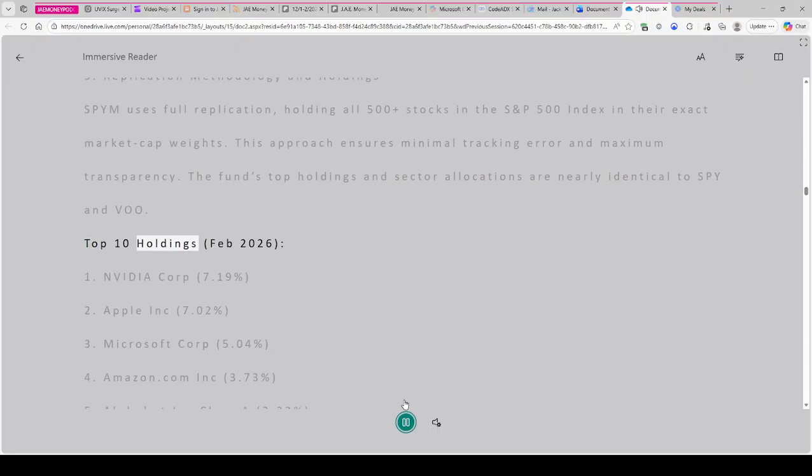Top 10 holdings, February 2026. 1. Nvidia Corp., 7.19%. 2. Apple Inc., 7.02%. 3. Microsoft Corp., 5.04%. 4. Amazon.com Inc., 3.73%. 5.